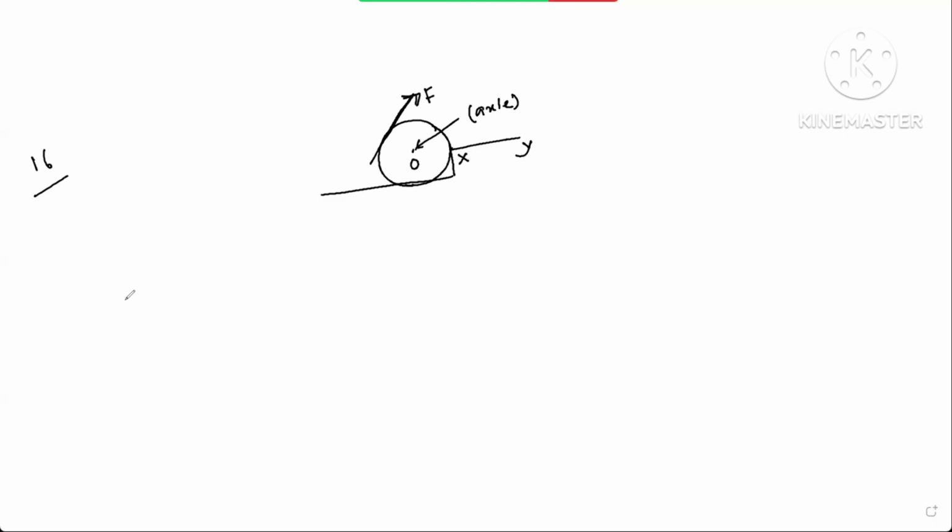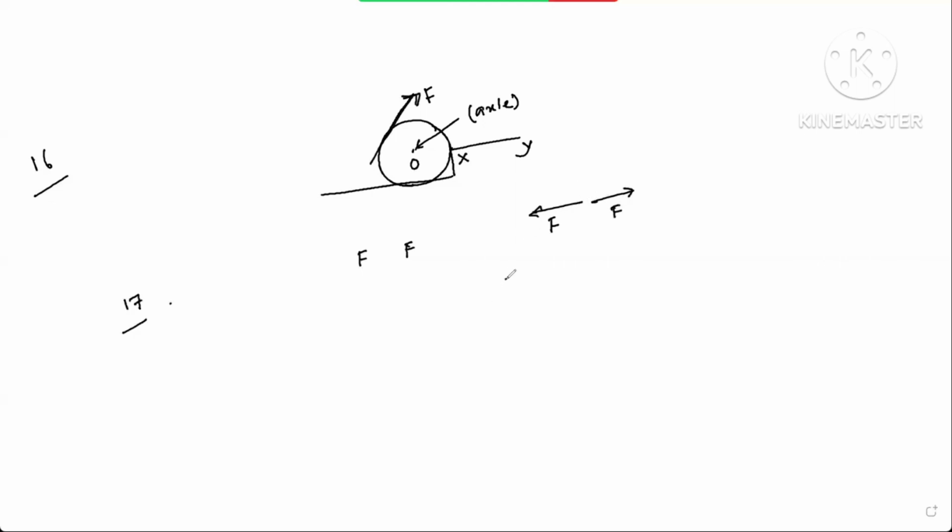Now question number 17. A body is acted upon by two forces, each of magnitude F, but in opposite direction. So one force is like this and another is like this. So the net force will get cancelled.